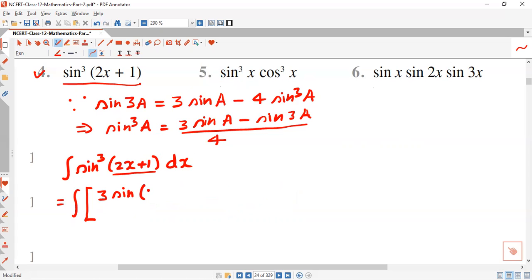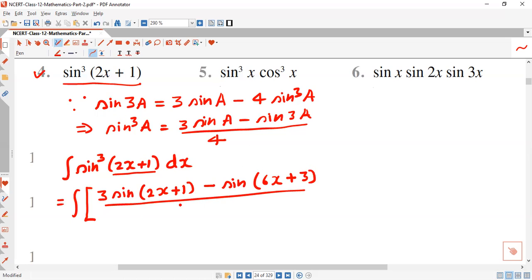Put this value: sine of 2x plus 1 minus sine 3a, sine of 3 times 2x plus 1, which means 3 into 2, 6x plus 3, divided by 4, dx.